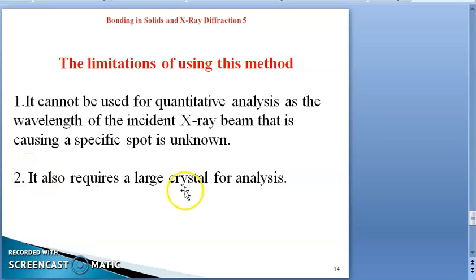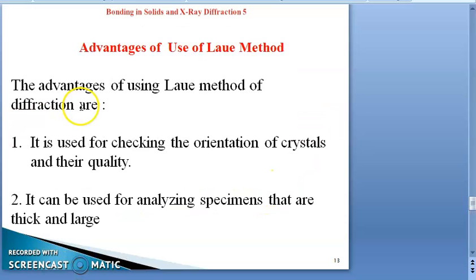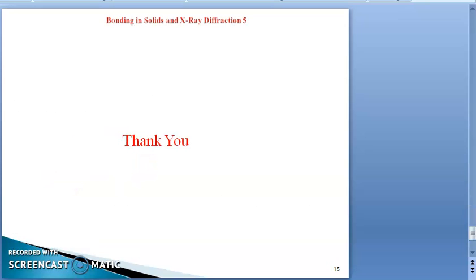It requires a large crystal for the analysis. So if we think about these two limitations, this method is not suitable. But though it is not suitable, it has some advantages. Those advantages we have to take into consideration. Thank you.